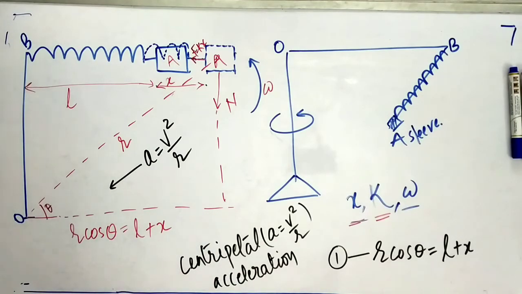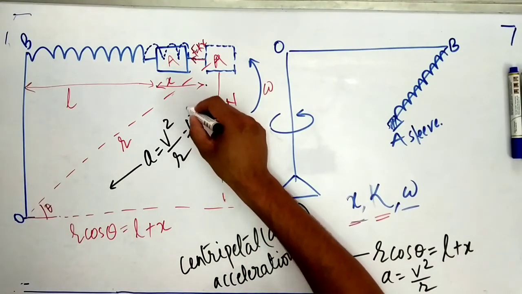So these were the two things that we should know before we start with the problem. That r cos theta is equal to L plus x, and the acceleration of this sleeve is directed towards the center and is equal to v square by r, or omega square r.